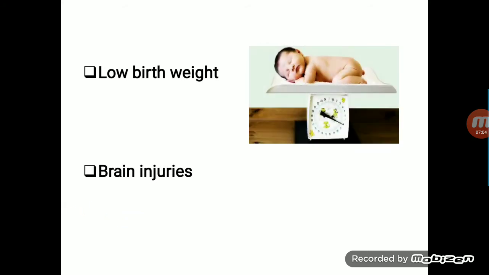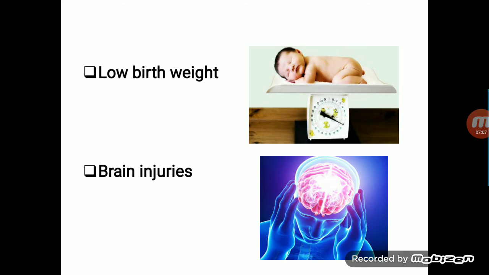Then any brain injuries can be the cause, maybe during the prenatal stage, the postnatal stage, or the perinatal stage. In the prenatal stage, as we have discussed, during gestation or pregnancy, due to any invasive procedure, they may have harmed the fetal nervous system.